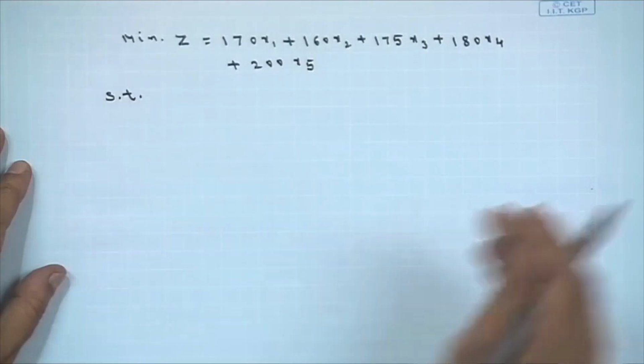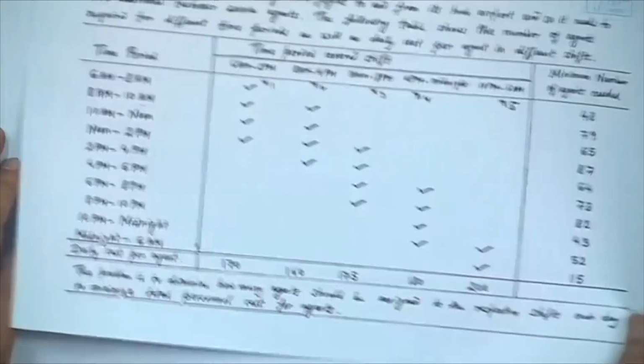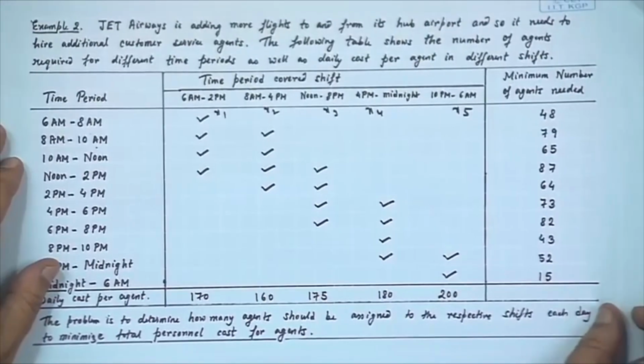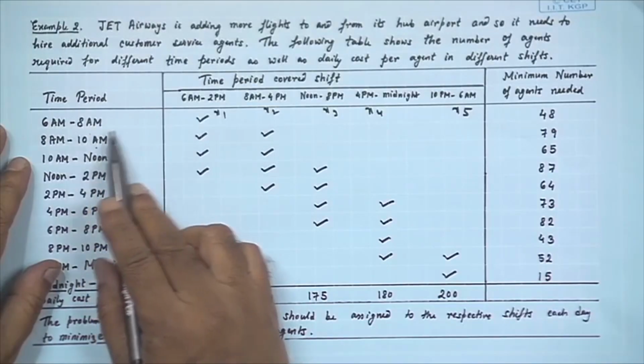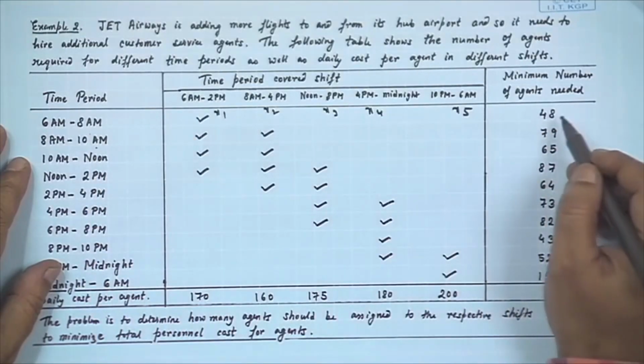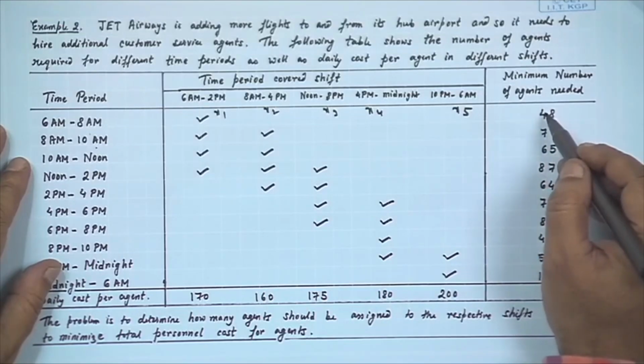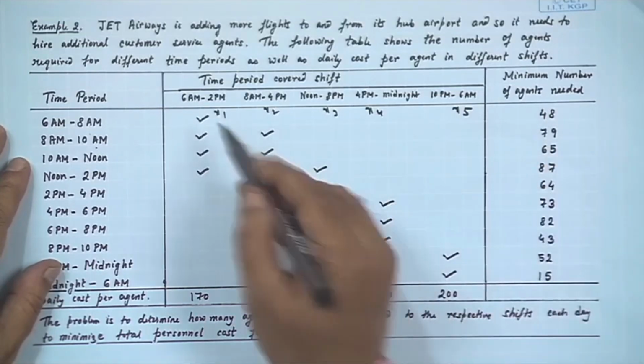Subject to what are the conditions now? In the first phase, that is 6 a.m. to 8 a.m., in this period, how many personnel do you require? You require 48 personnel and they are coming from where?